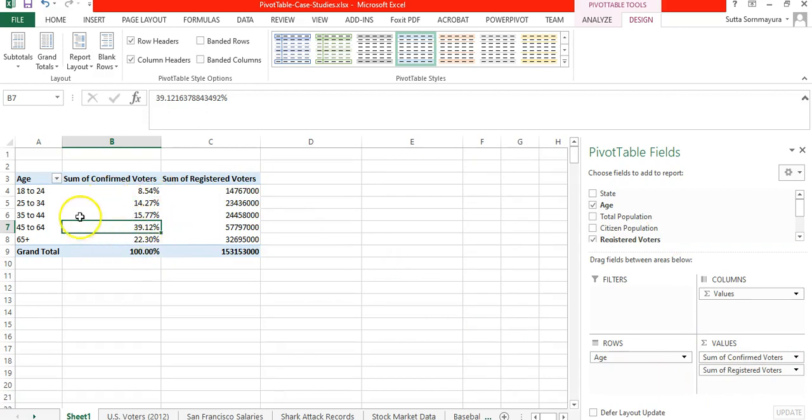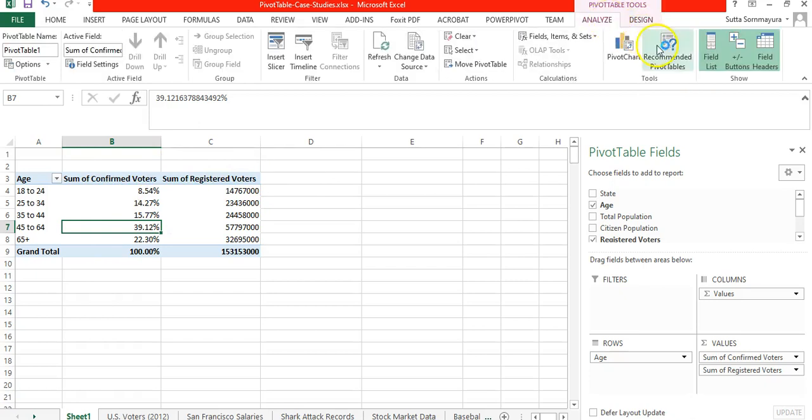Now you have confirmed voter and registered voter, right? And voter turnout is confirmed divided by registered.